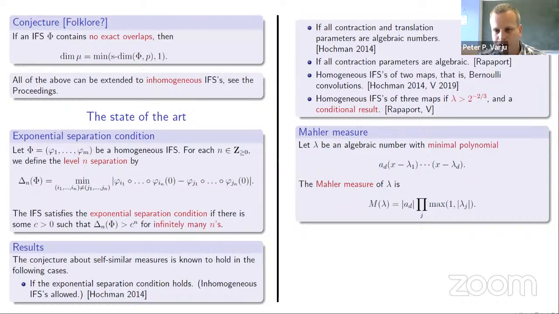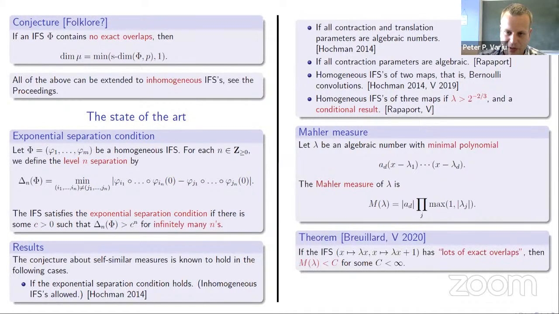So if the Mahler measure is small, it means that you can use it to show that there are no other similar numbers very close nearby. And this will be important later if I manage to get to it.